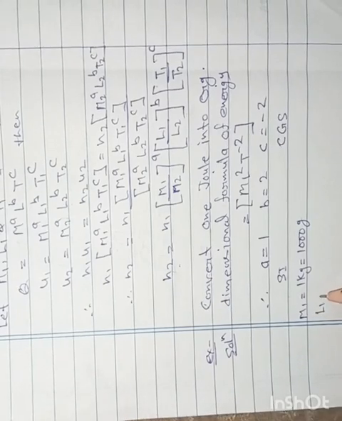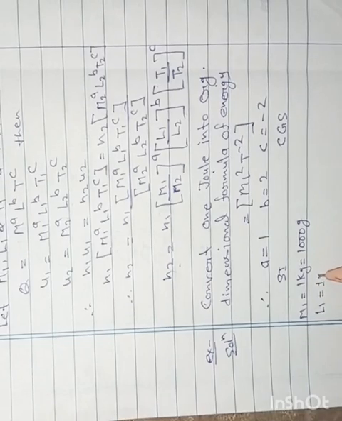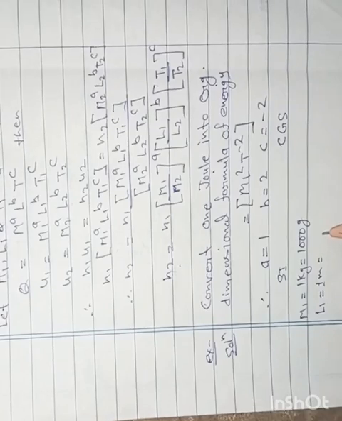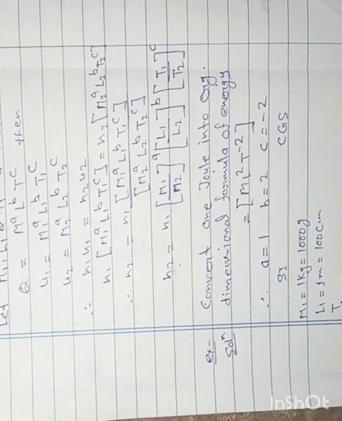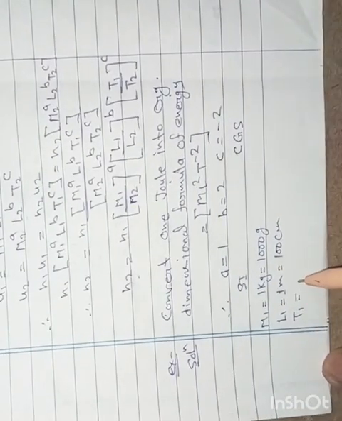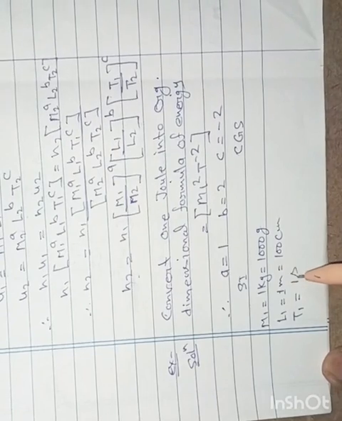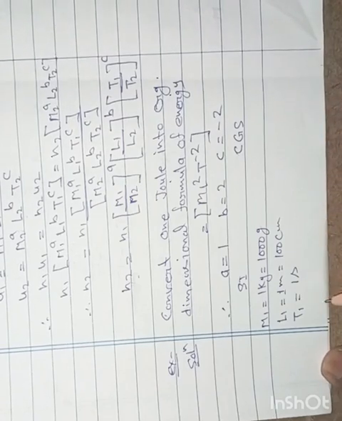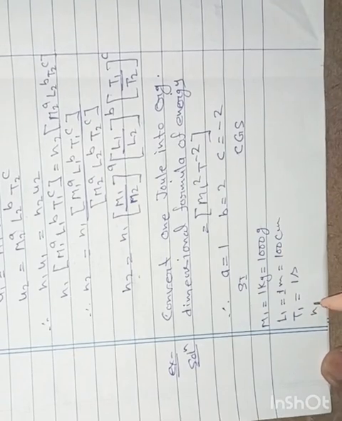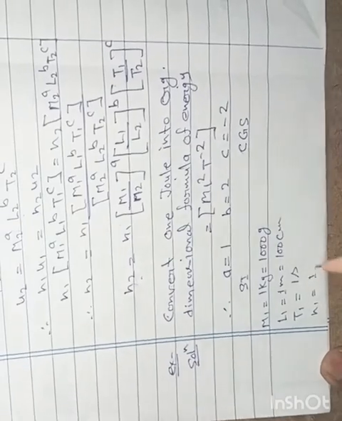Next, L1, and length is always measured in meter, so 1 meter in CGS system will be 100 centimeter, and time T1 will be 1 second, whether it's SI or CGS, okay, and N1 we will take 1 joule.